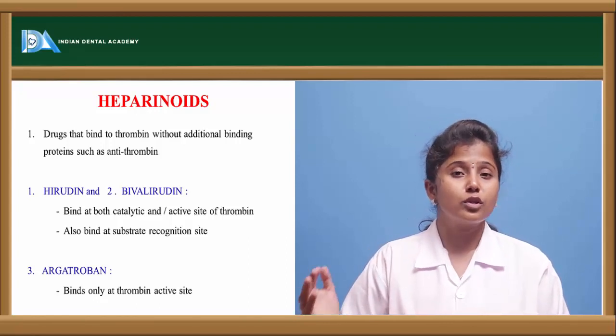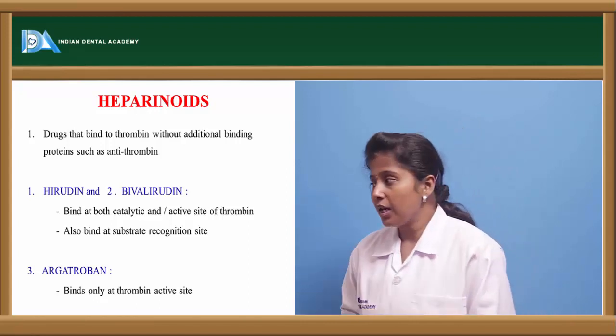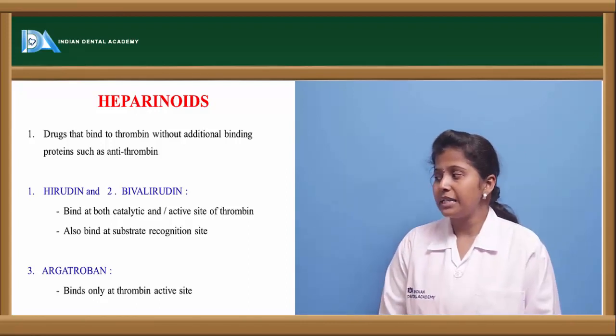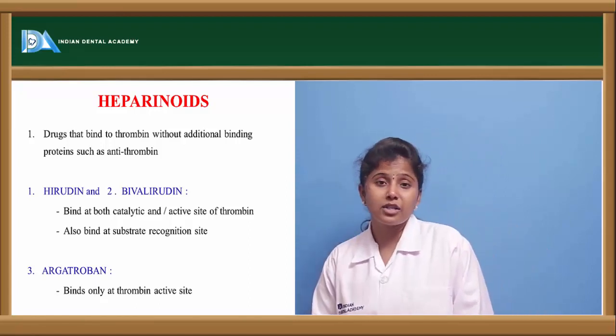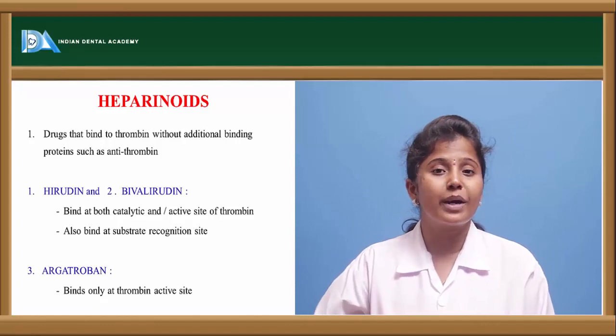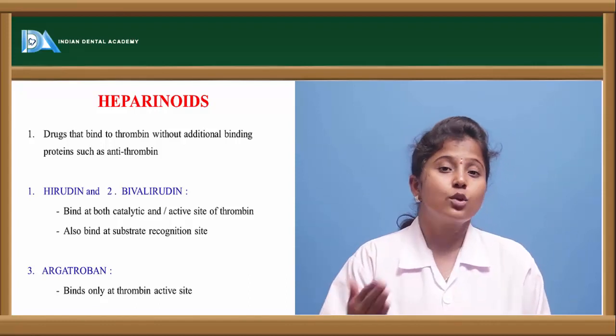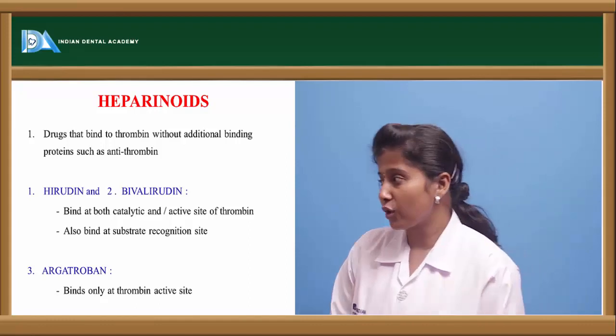So this clot formation, or the site of binding of thrombin, is inhibited by these drugs. And argatroban is a drug which binds to the thrombin site instead of thrombin. So it won't allow the thrombin to bind at its receptor site. So this drug replaces the thrombin, thereby preventing the action of thrombin.